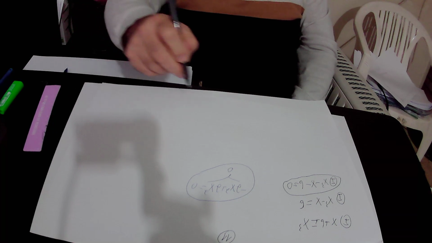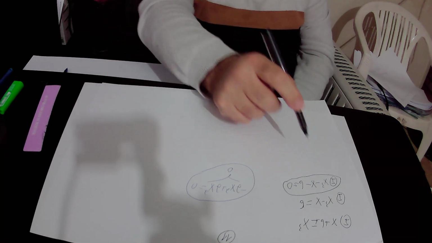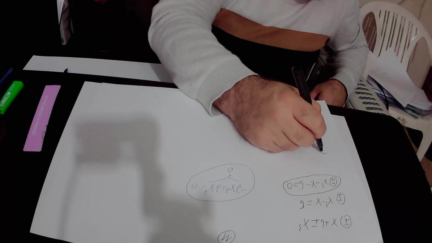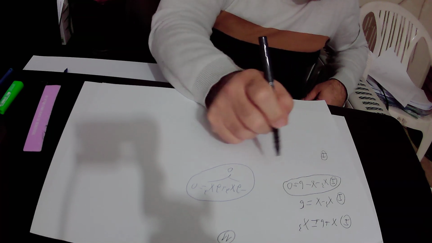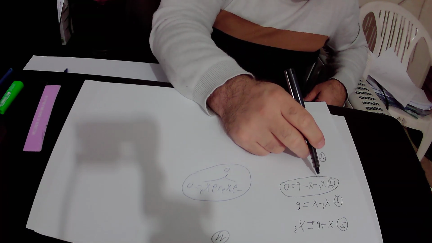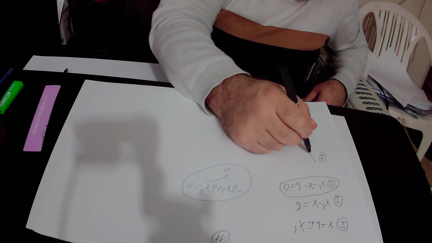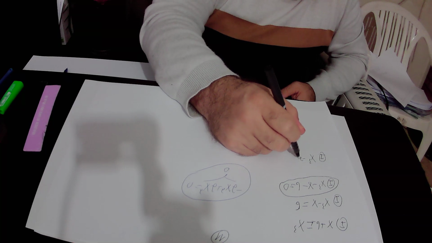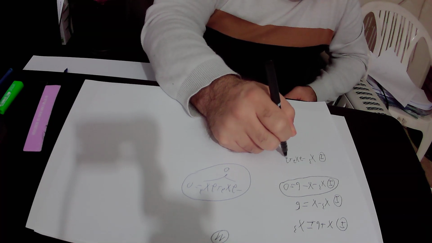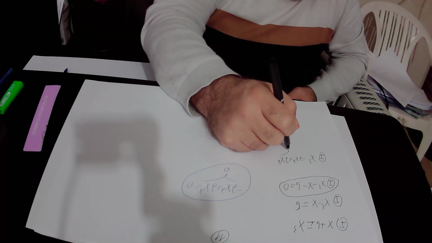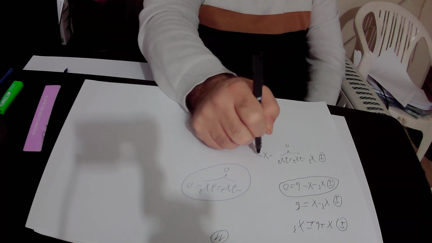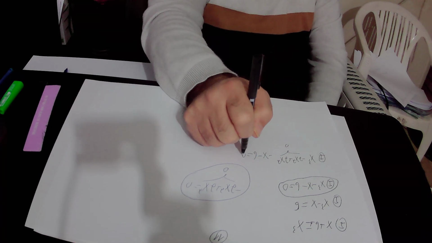Therefore, we can add to equation number 1 this expression that equals 0, and we will get that x cubed minus 2x squared plus 2x squared, that is 0, minus x minus 6 equals 0.